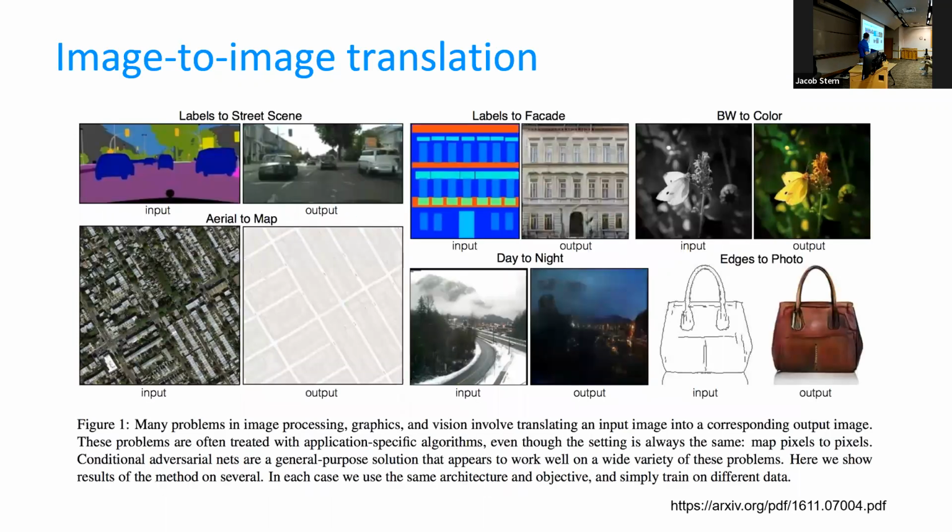Let's go through a quick overview of this problem. There are lots of pixel-to-pixel problems. Here are a couple. Perhaps we want to go from labels of a street to generating a realistic image of a street.